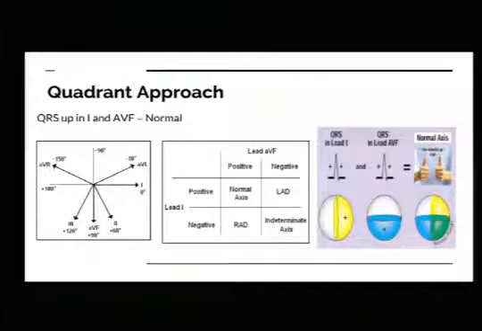And if you're negative down here in your AVF, then you're up over here. So just a basic check: if you look at lead 1 and AVF and they're both in the right direction, thumbs up, QRS going up in both, you have a normal axis. Kind of a quick, easy way to look at it.